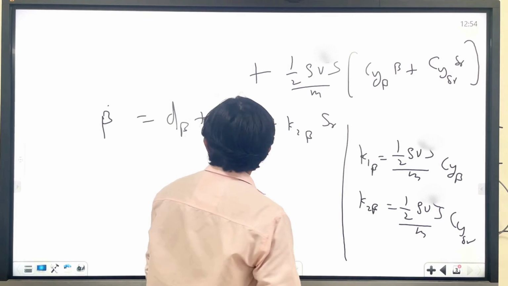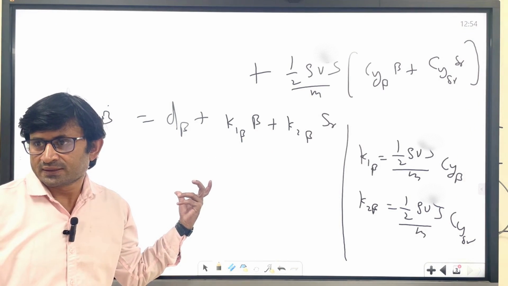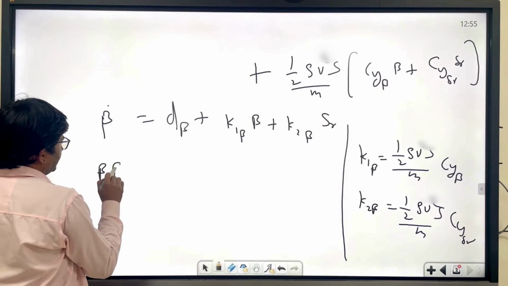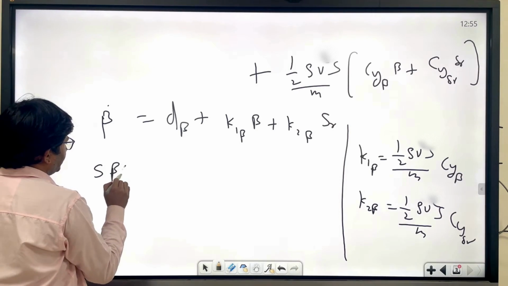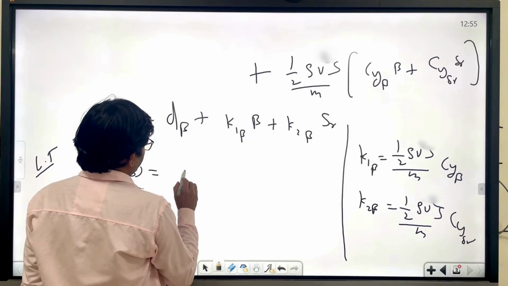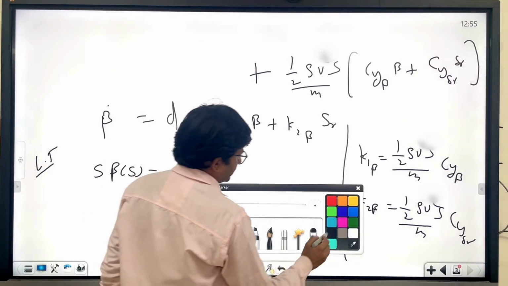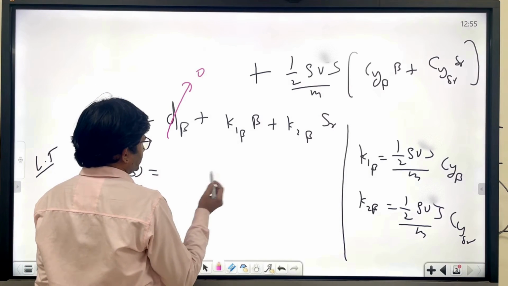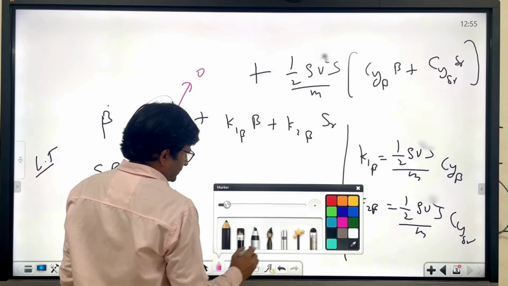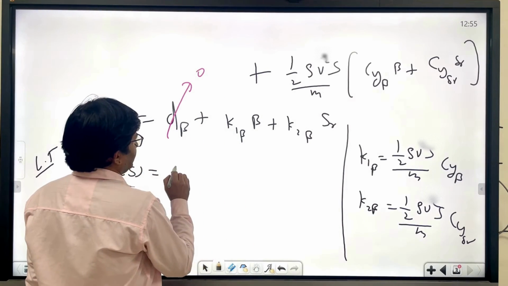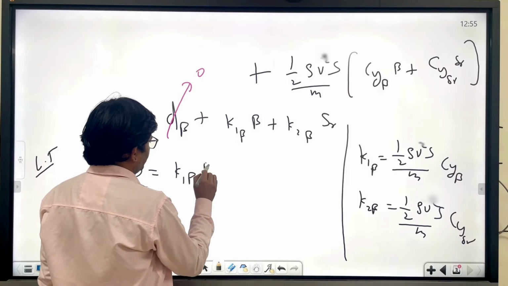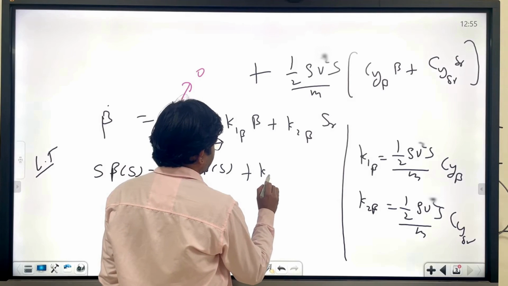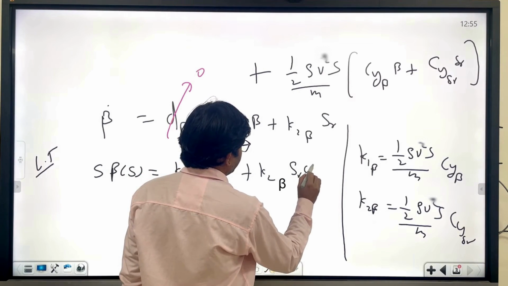Now what you can do is take a Laplace transform. Taking the Laplace transform, you will get s into beta of s equals k1 beta into beta of s plus k2 beta into delta r of s.